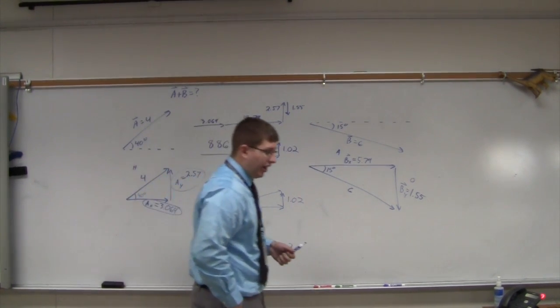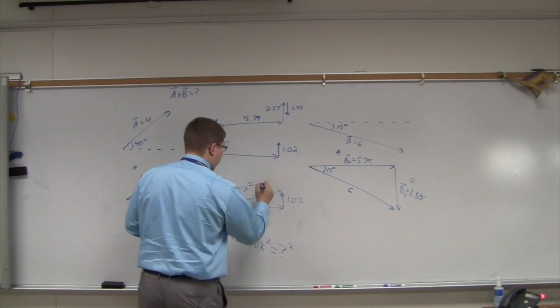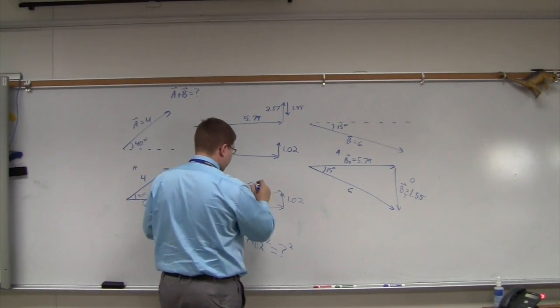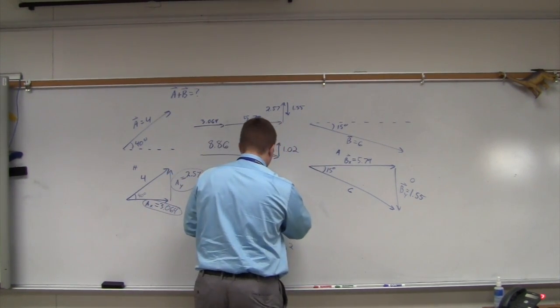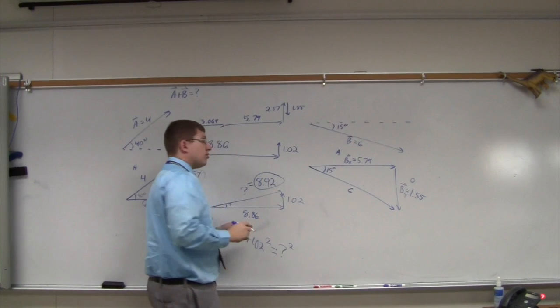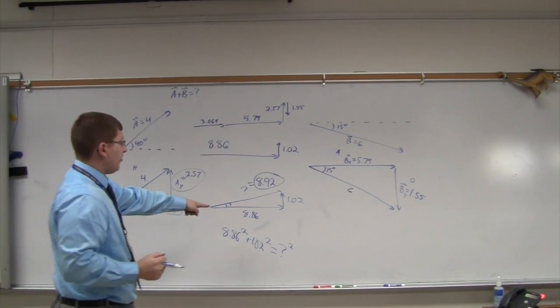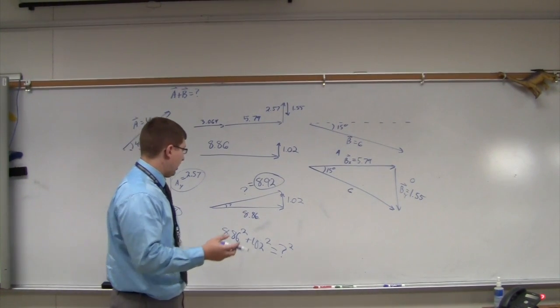And when you solve that, you should find that the magnitude of this hypotenuse, or the magnitude of this total resultant, is 8.92. And so that's the magnitude of the resultant. Don't forget though, we're not done until we find this little angle as well. And so we're going to need just a little bit of trig here to do that.